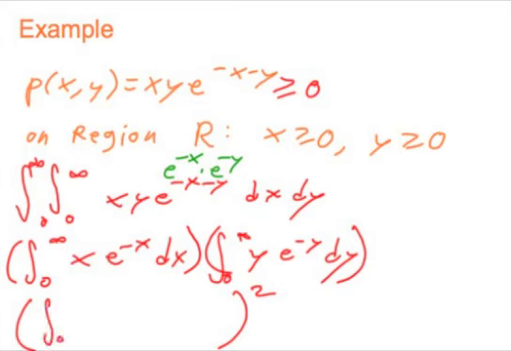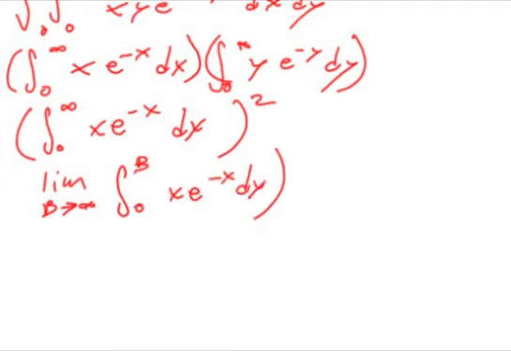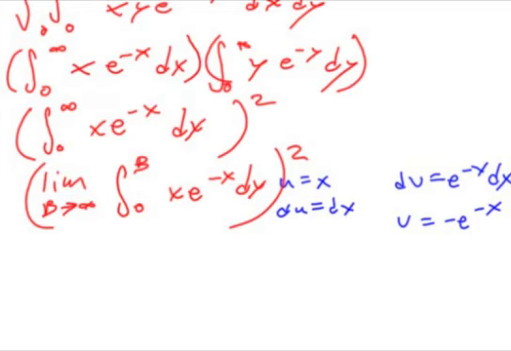Integrating 0 to infinity of x e to the negative x dx, we've got to rewrite this improper integral as the limit as b goes to infinity, from 0 to b, of x e to the negative x dx, and it's all squared. To do this integral, which I know you've done many times in the past, there's a technique for it. I'm sorry, it's integration by parts, not a substitution.